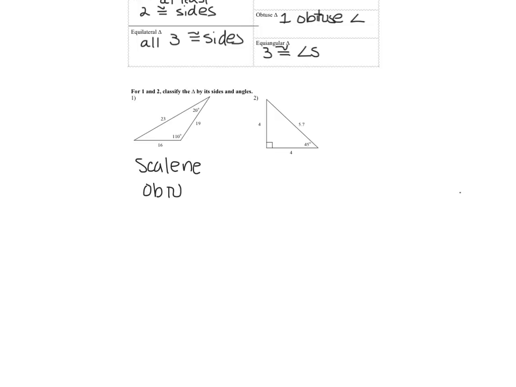All right, example number 2 over here, I see that it has two side lengths that are both 4, and the third side's not the same, so that makes it isosceles. And then I look at the angles, I see this right angle right here, so it's an isosceles right triangle.